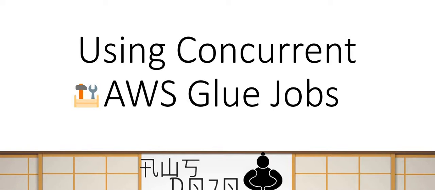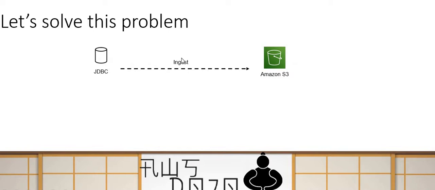So let's get started. Let's try to solve a problem first. Suppose that you are building a data platform and you have some JDBC endpoint, some relational database from where you want to ingest data to your data platform, say in an Amazon S3 bucket. In your JDBC endpoint, you have got 200 tables, even more than that.